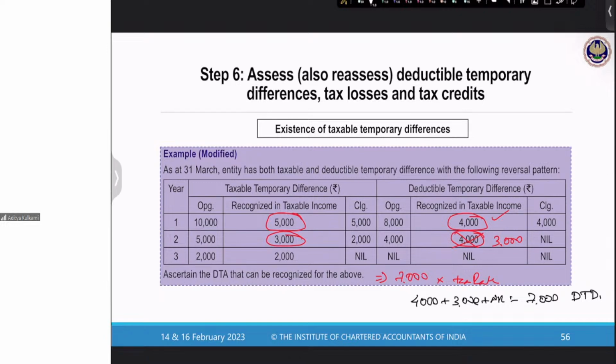So the DTA that can be recognized is on the entire 4 plus 3, 7,000 deductible temporary difference multiplied by the tax rate. This is not the DTA. This is the difference amount. On this, you have to apply the tax rate.